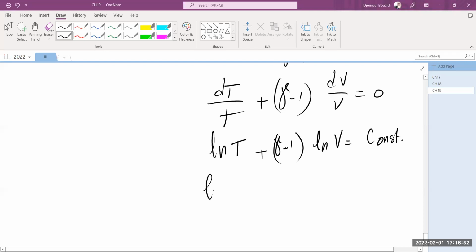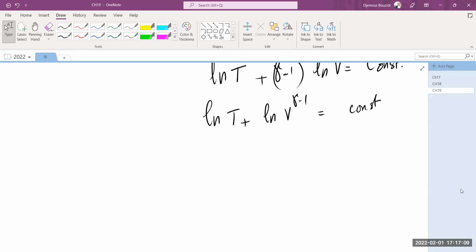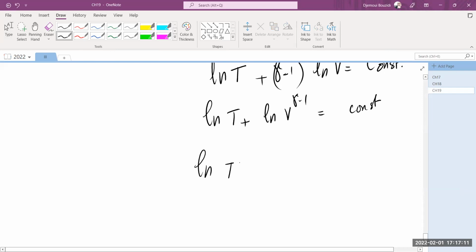So then this one is actually ln of T plus ln of V to the power gamma minus 1 is equal to a constant, okay? I just took the power in here. This is the property of the natural log. The last thing in here, I can combine the ln plus ln, which is the ln of the product of T V to the power gamma minus 1 is equal to a constant.